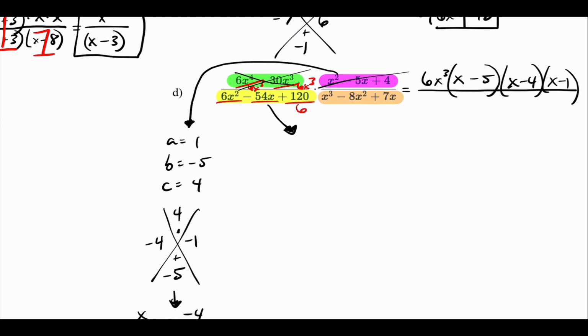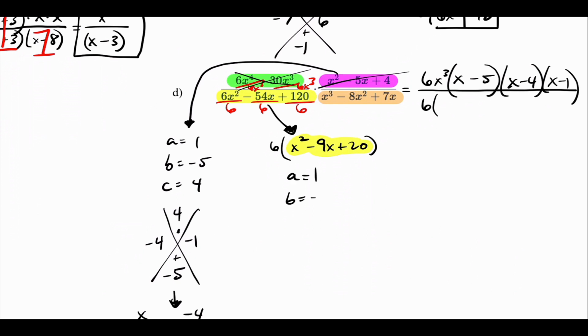You can divide them all by 6, and you get x squared minus 9x plus 20. So 6 is going to go in front. Now I have to do ABC with the yellow because I'm still not done with it.